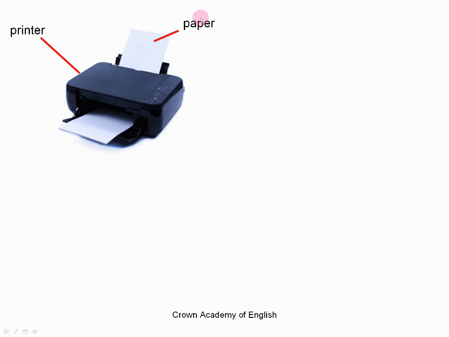Okay. So this is the paper. We put the sheets of paper in the back of this printer, and then when they are printed, the paper comes out here, and this is called the paper tray. Okay, this is the paper tray.